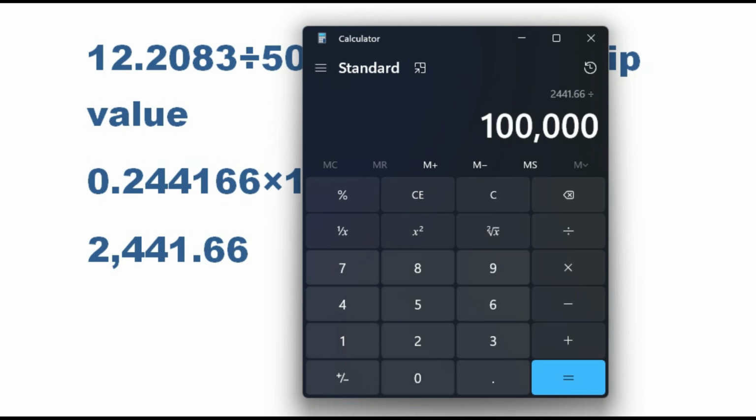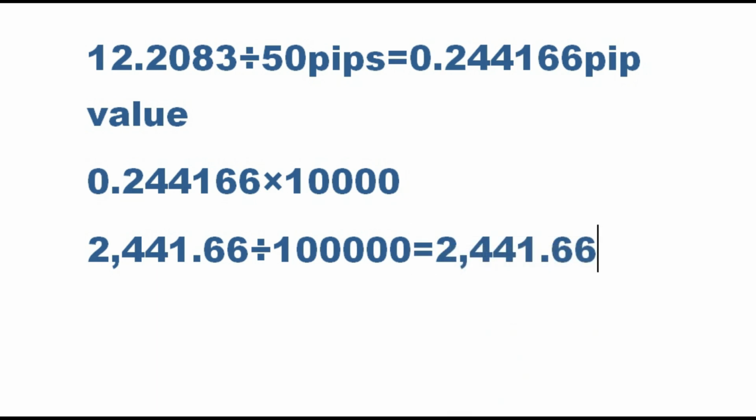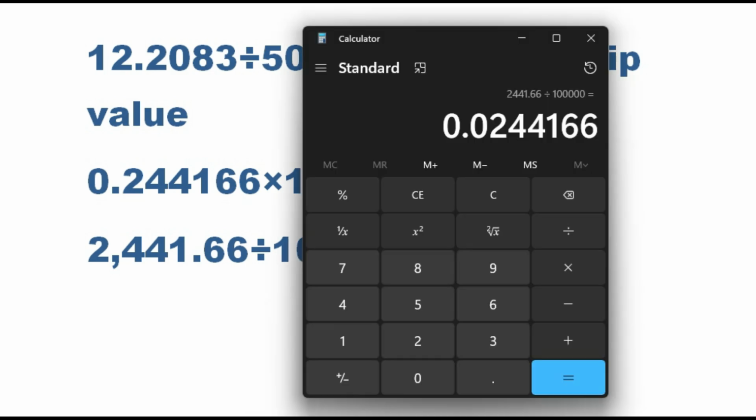So let us divide this by 100,000, which gives us 0.024.